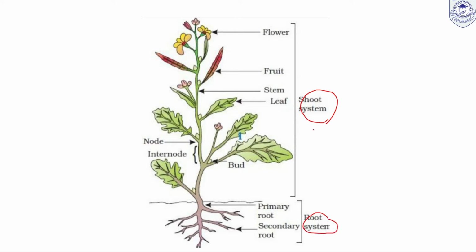The shoot system is the part of the plant that is above the ground, and the root system is the part of the plant that lies below the ground, right? And the root system consists of the roots, and the shoot system consists of the stem, the leaves, the flowers, and fruits, right?